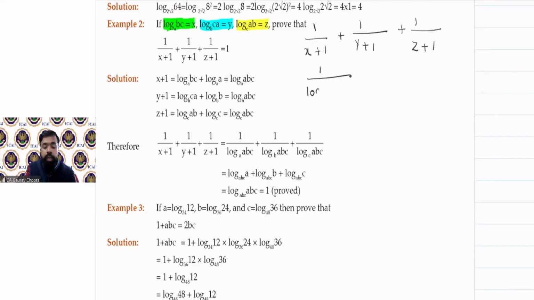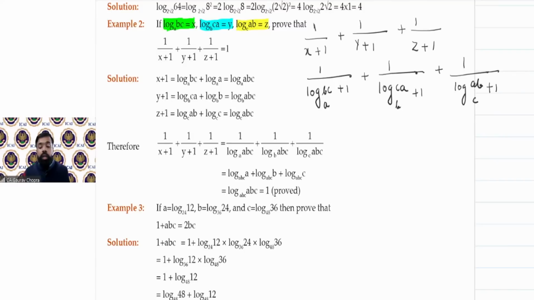What is the value of x? Log BC base A plus 1. Then 1 upon the value of y is log of CA base B plus 1. And then it is written 1 upon log of AB base C plus 1.